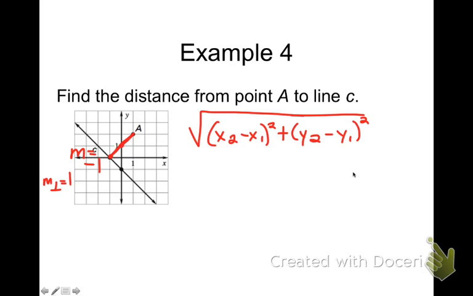To find distance, I need to find coordinates. What are the coordinates of point A? It is 1, 2. Let's call this point B for fun. What are the coordinates of point B? Good. So now we got to plug those into our distance formula.